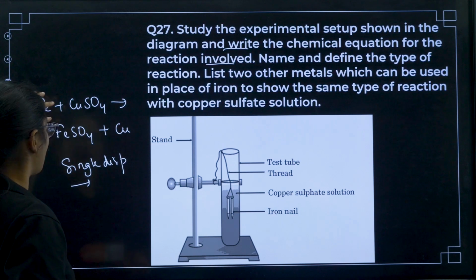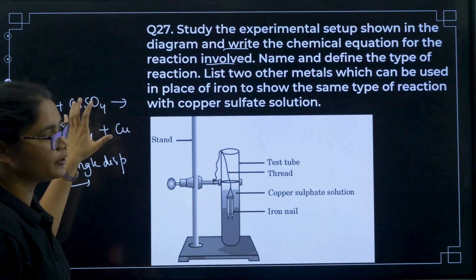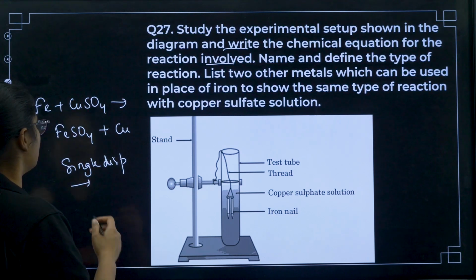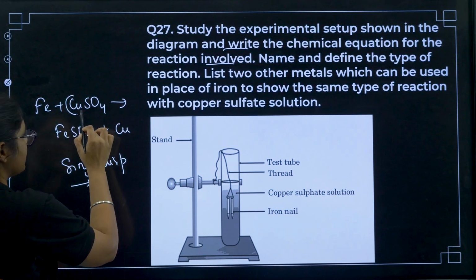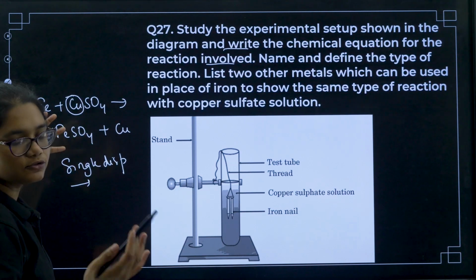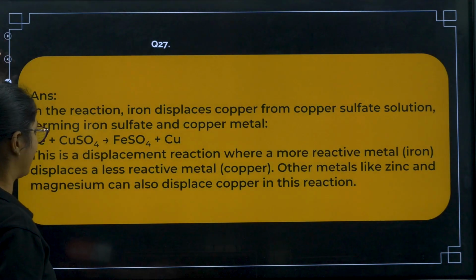Whenever a highly reactive metal replaces another lower reactive metal from its salt, that is called a single displacement reaction. Name the 2 other metals. Any 2 metals which have more reactivity than copper can show this reaction.